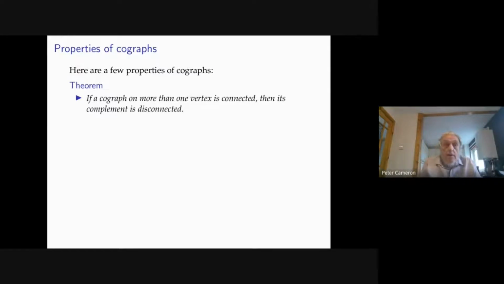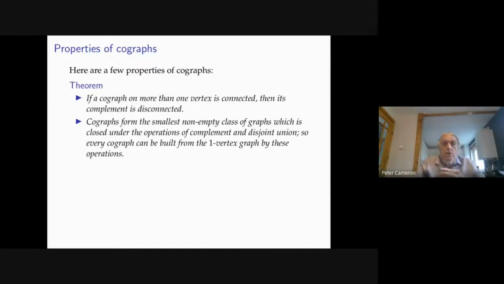Now, let's stop and think about that a moment. If you have any graph which is disconnected, then its complement is connected because it contains at least a complete bipartite graph between two of the components of the complement. So for cographs, it works the other way around. A cograph is connected if and only if its complement is disconnected.